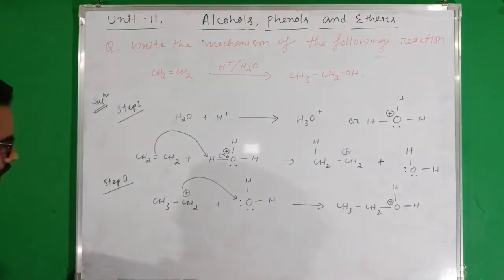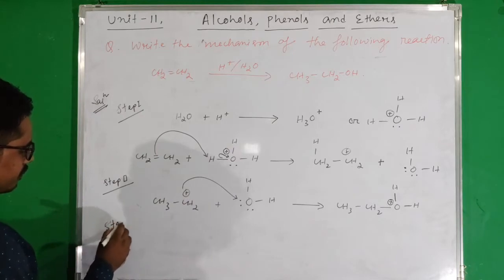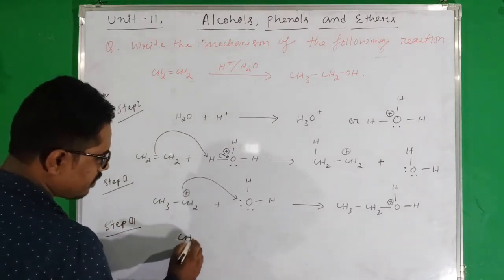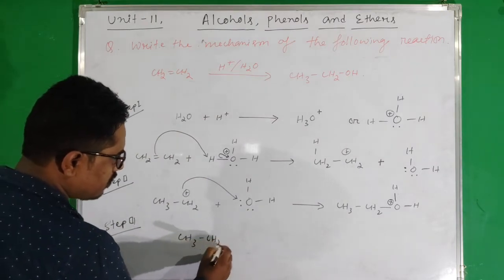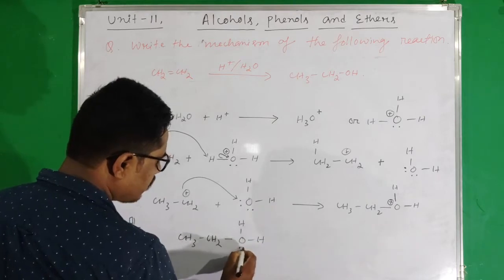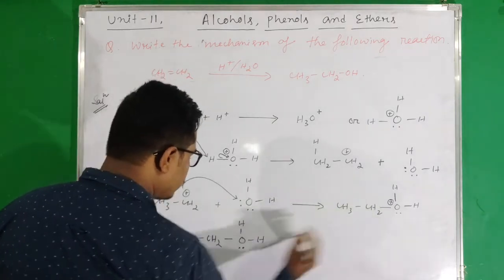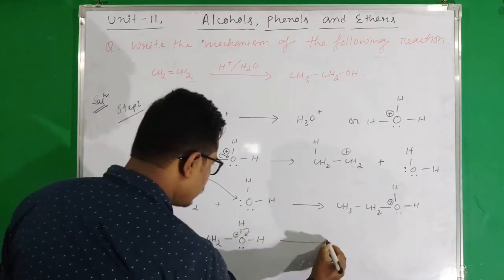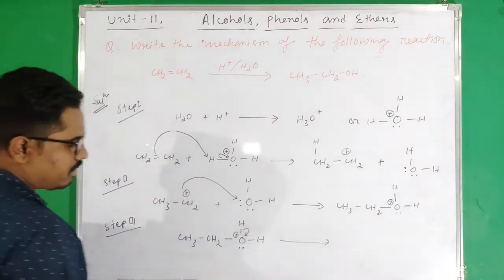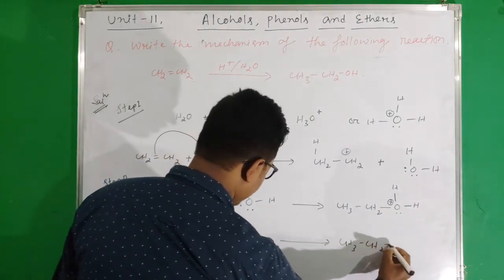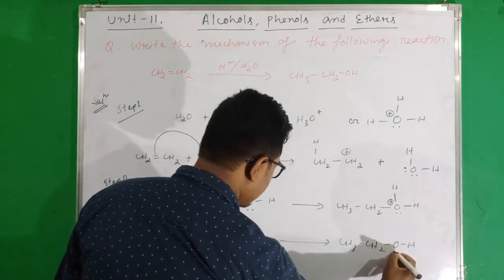Okay, in next step, that is step 3, proton will lose. In step 3, proton will lose to form the alcohol. That means CH3, CH2, OH.